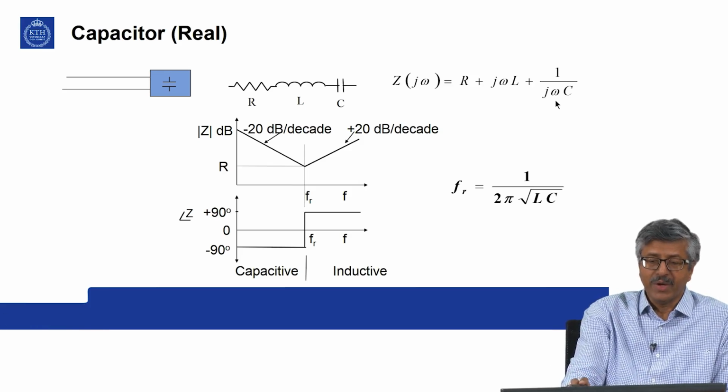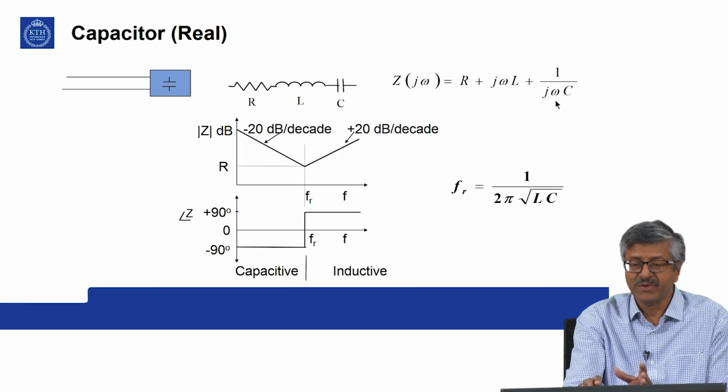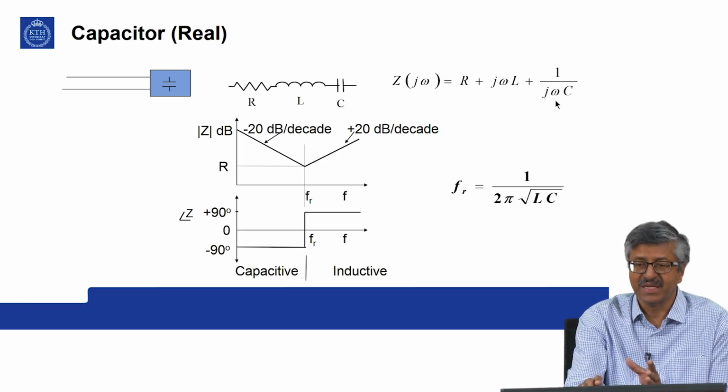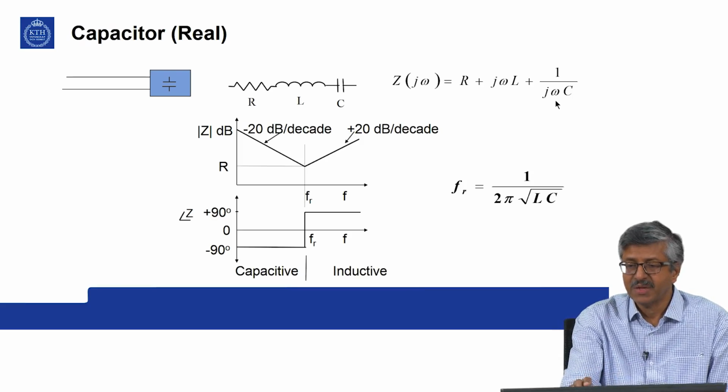Now you can do a Bode plot, a frequency plot, of this. At the corners we are doing an idealization and assuming sharp turnaround at the corners, just for easiness.